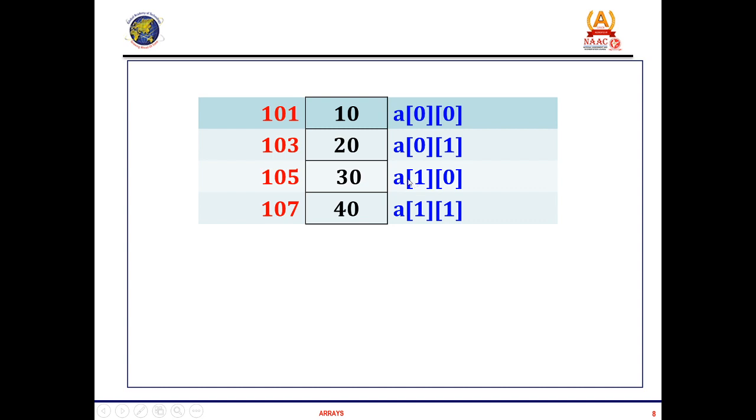The third one is A of 10 and the fourth one is A of 11. So A of 00 and A of 01 are called the elements of the first row. Similarly, A of 10 and A of 11, these two elements, that is 30 and 40, are called the elements of the second row.